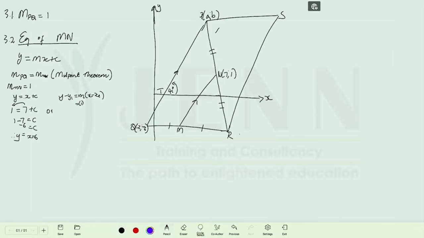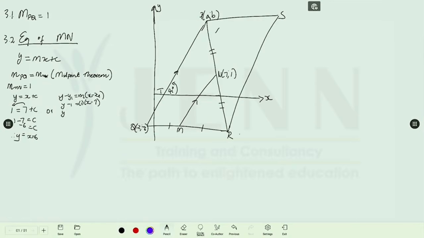So we are having point N that is known. 7 represents the x coordinate, 1 represents the y coordinate. So y1 and x1 is where you substitute that point from your diagram. So we are going to have y minus 1 equals 1, which is your gradient, open bracket, x minus x1, the x coordinate of point N, which is 7.